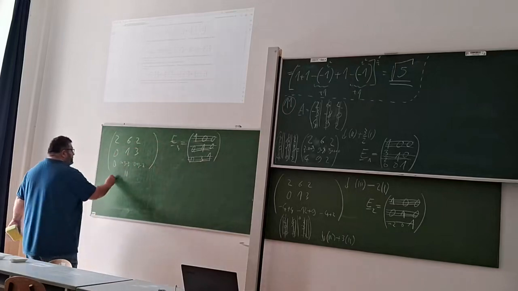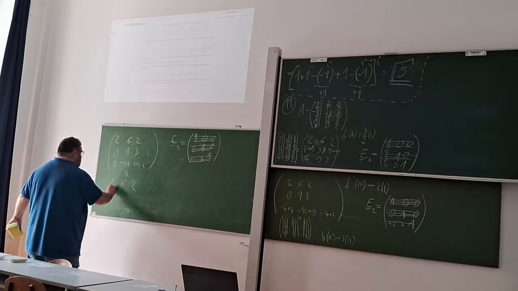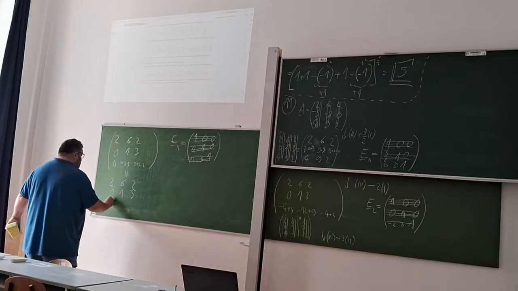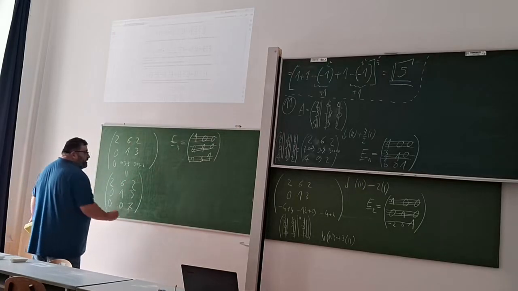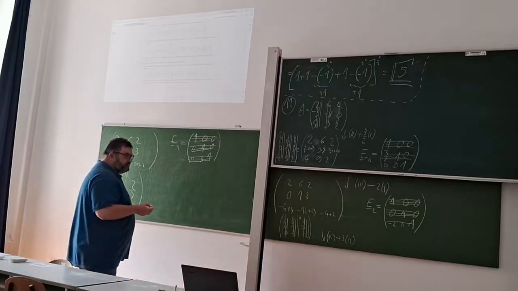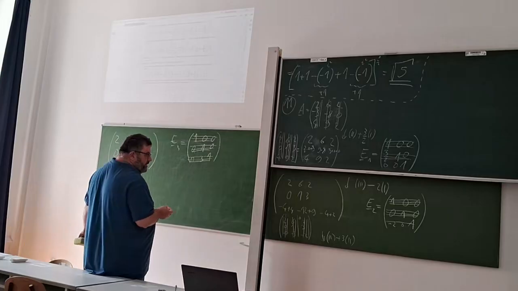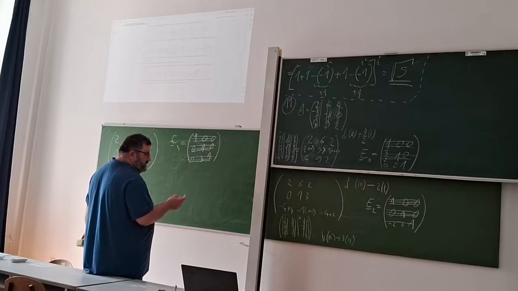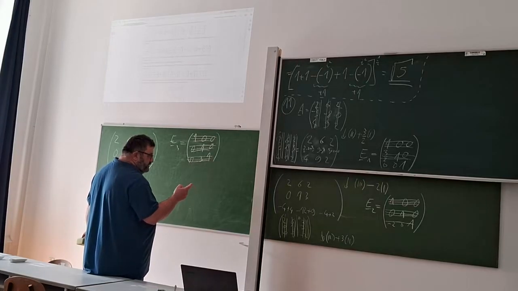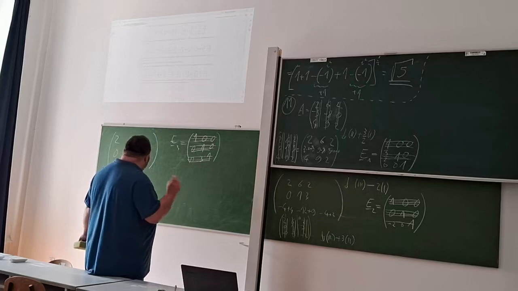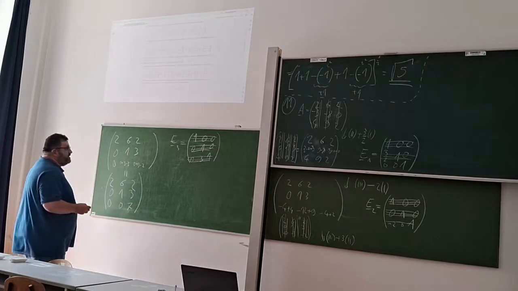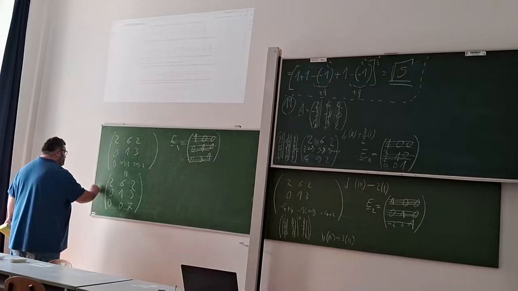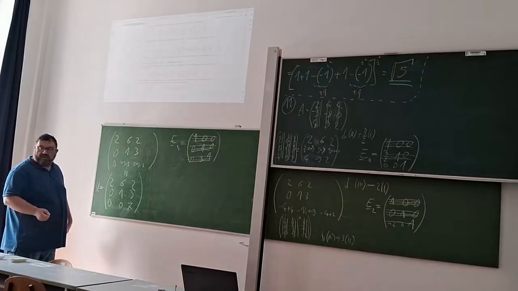So this is 2, 6, 2, 0, 1, 3, that's 0, 0, and 7. Okay, so just a moment, here I add the rows 3 times, that's okay. So now we have the following. This is the U matrix, and now we need the L matrix.